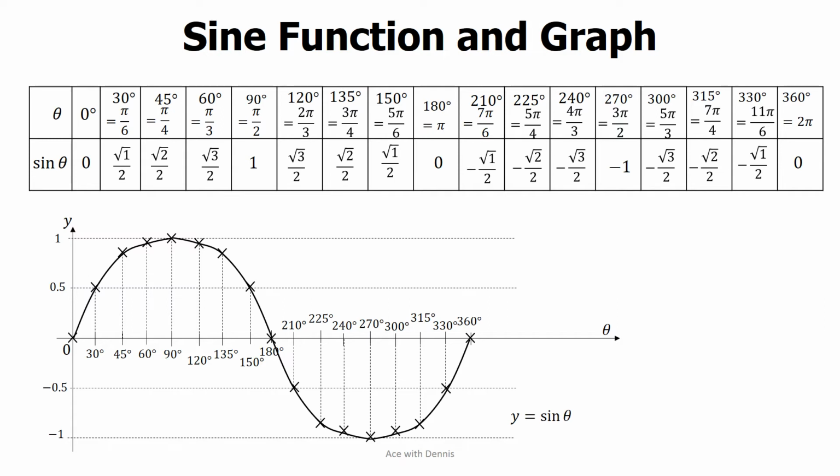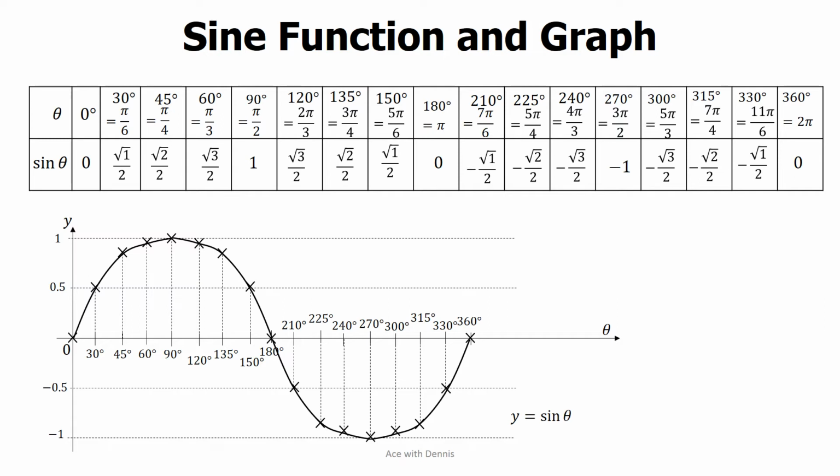It is negative √2 over 2, which should be at this point. 240 degrees equals 4 pi over 3, and sine 240 degrees equals negative √3 over 2. So we plot on the graph, this is negative √3 over 2. And now we can join these points together, we get this curve.